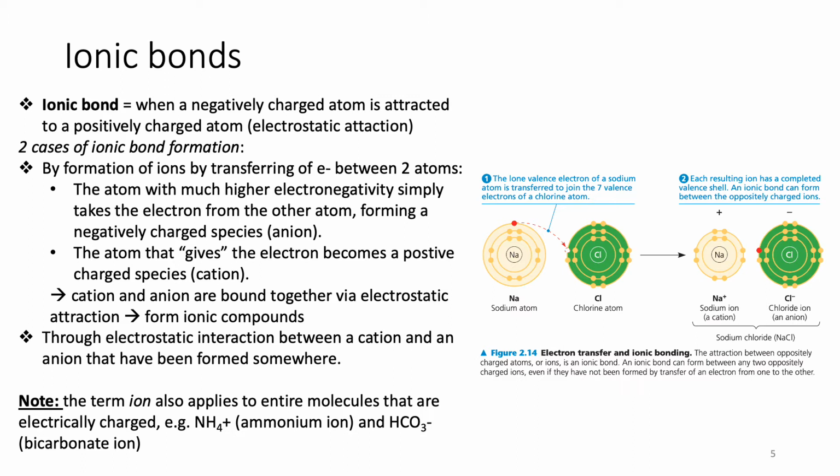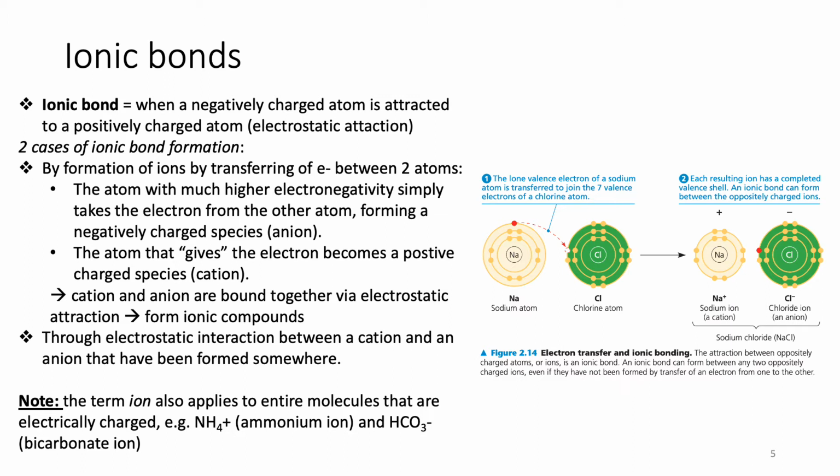In some cases, two atoms are so unequal in their attraction for the outermost electrons that the more electronegative atom strips an electron completely away from its partner. Specifically, the atom takes the electron from the other atom, now has an extra electron, and so it is negatively charged, or an anion.